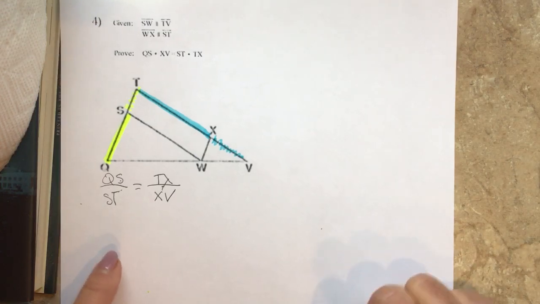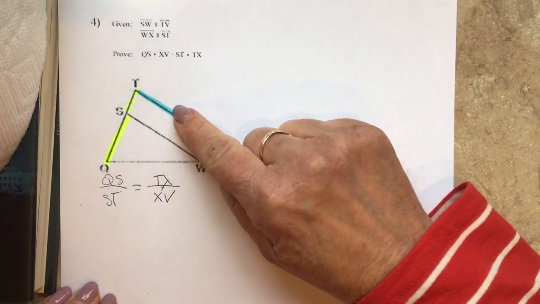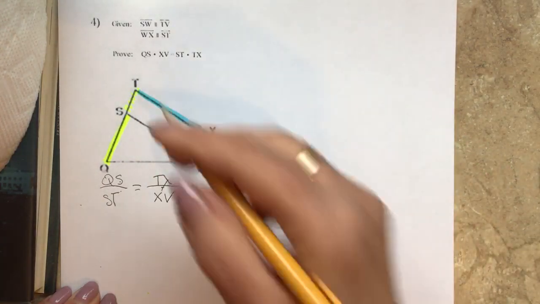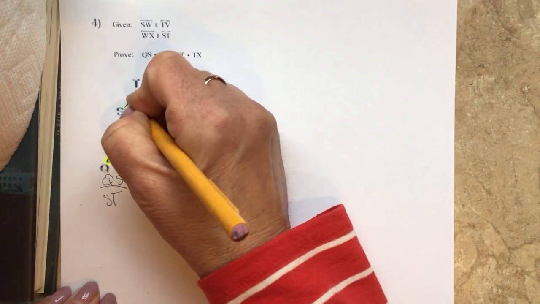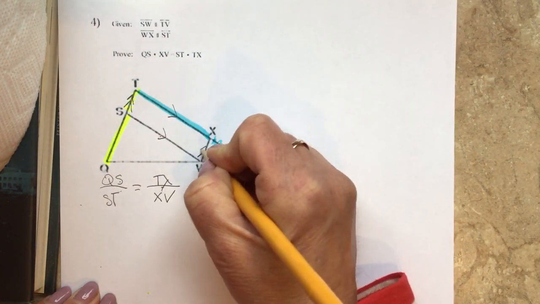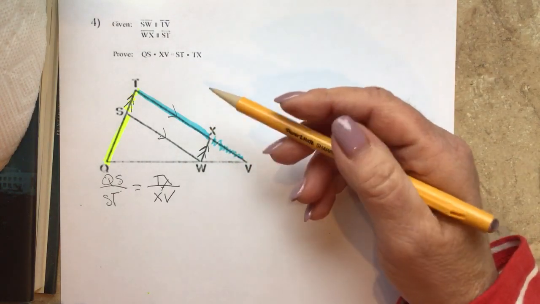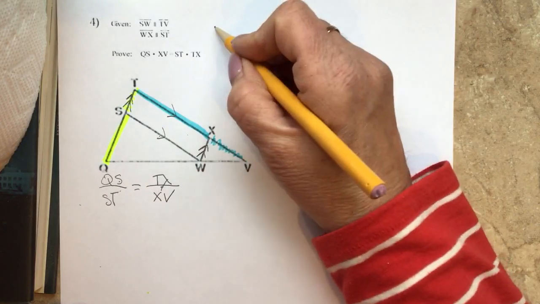All right, now, I hope you can see we do not have triangles there. But since these two are parallel and these two are parallel, I know this is a parallelogram. Okay, so I'm going to make a note to myself.